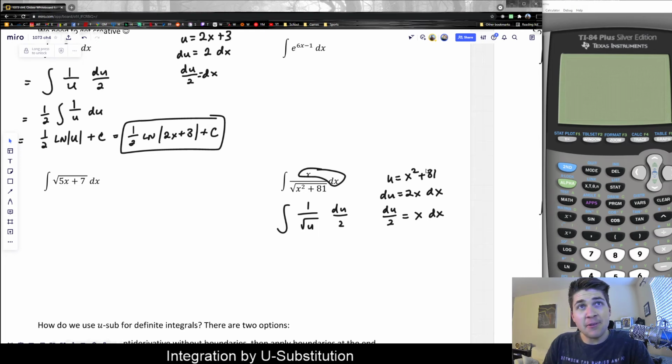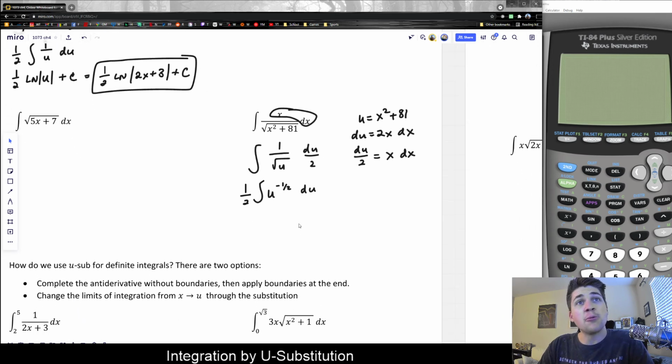And like we've been doing the past couple examples, I could pull 1/2 out. And I could even rewrite this because this is involving radicals and division. Well, this is u to the minus 1/2 power. And now I could just use the power rule to find the antiderivative of 1 divided by the square root of u.